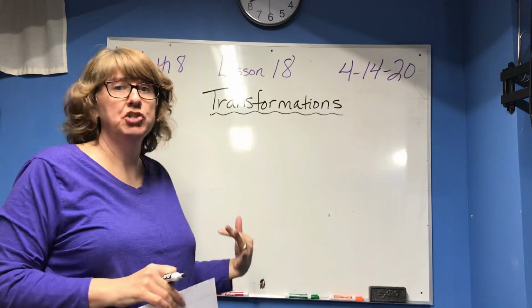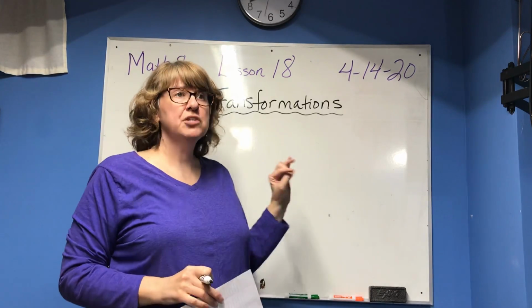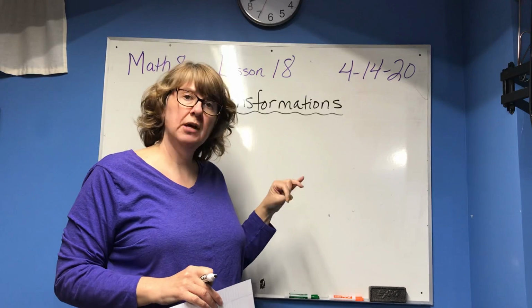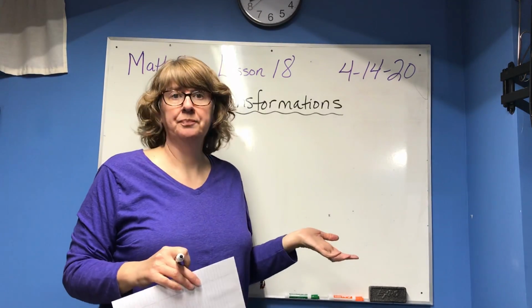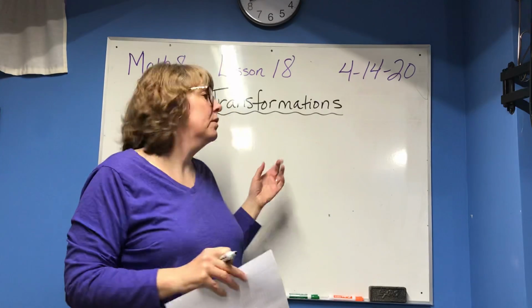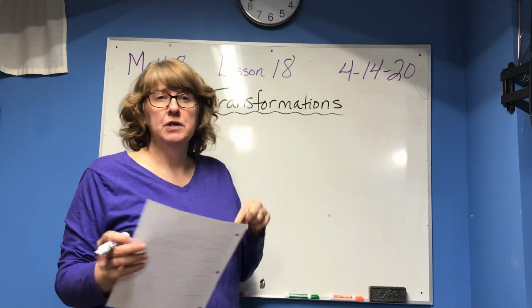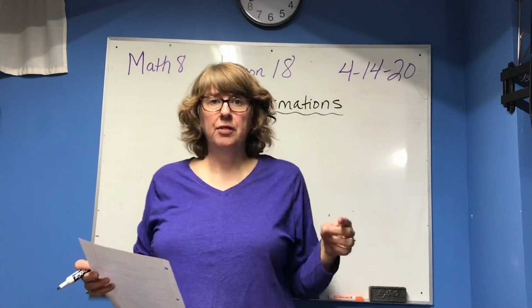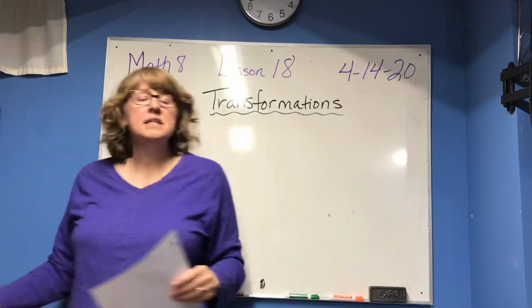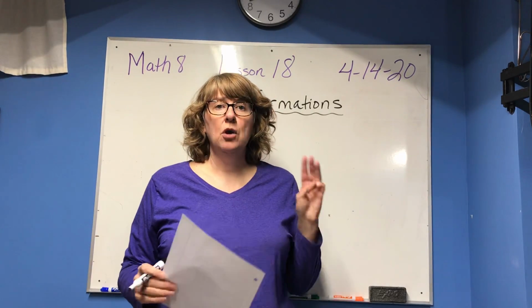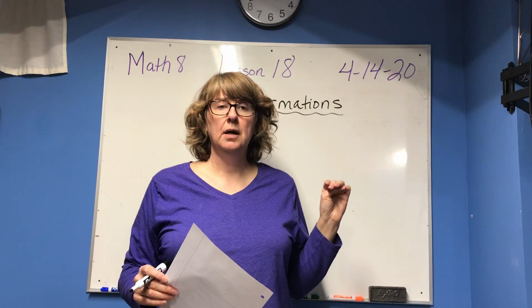So transform is to change, right? These transformations are pretty simple. We're talking about how do you transform a geometric shape or a picture even. So what are the things that you can do? The transformations that we're going to start with are in your book on page 160 and 161. We're going to start with 3 of them right now.